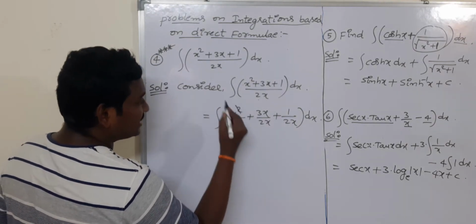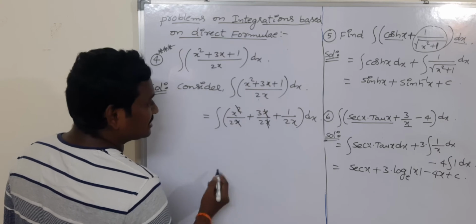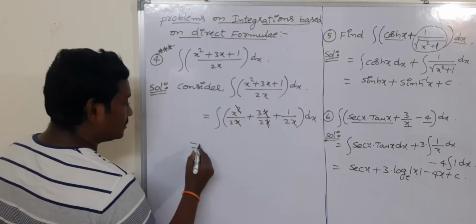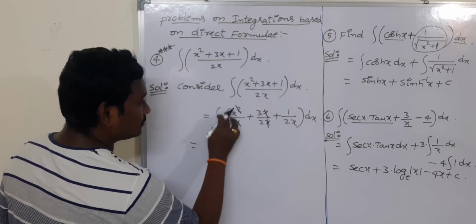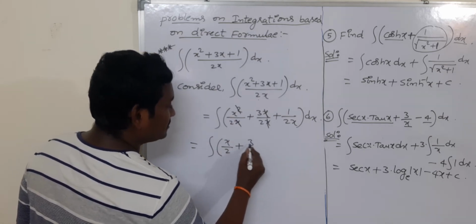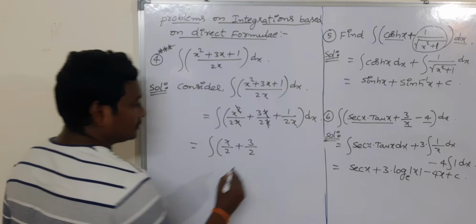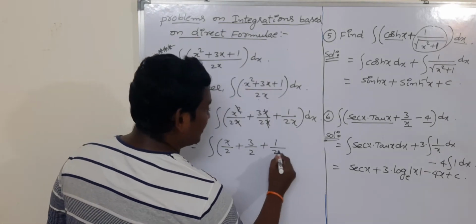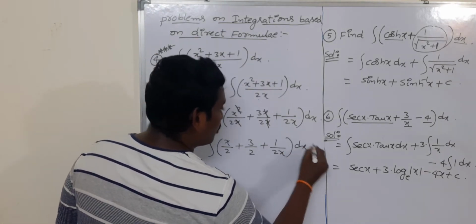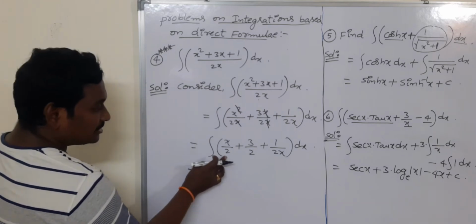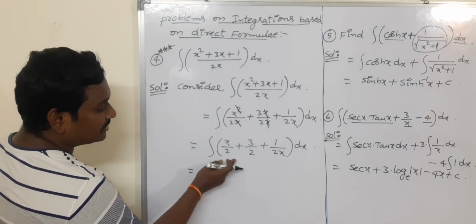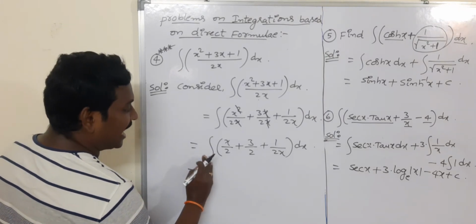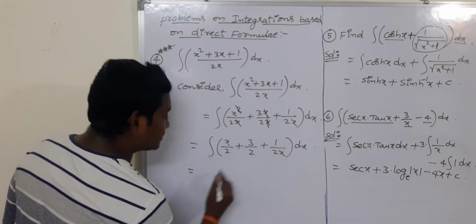One x is getting cancelled here, one x getting cancelled here. So you have integral of x by 2 as the first term, 3 by 2 is the second part, plus 1 by 2x, whole dx. In the denominator we have 2, so 1 by 2 is the constant term. Take it outside from the integration and separate the integration for every part.